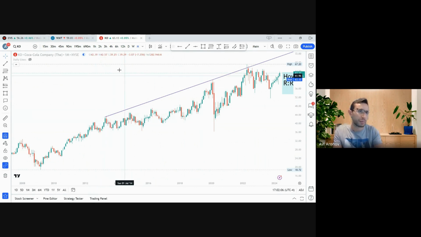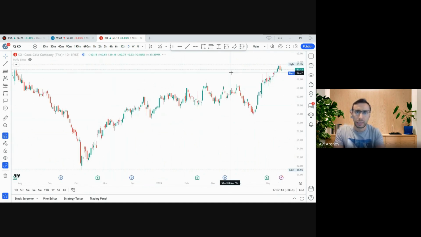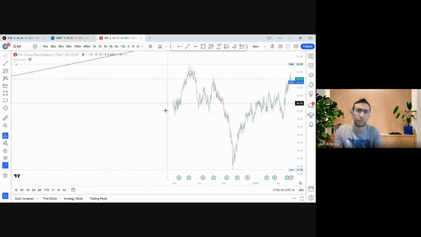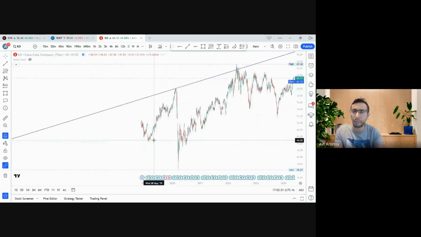Because it might be hourly or might be 4 hours, it doesn't matter. You just want that. Okay, so this is about trend lines. You can look at the trend lines from the top. You can look for trend lines from the bottom.